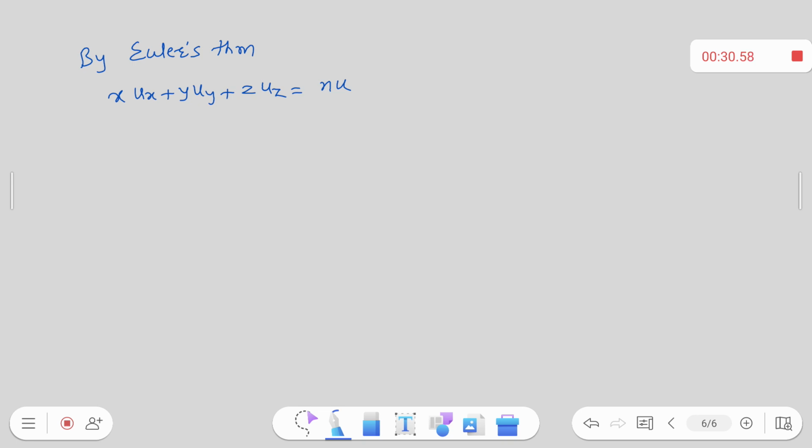This is statement number 3. So put n as 5 by 2 and u as the given function, x cube plus y cube plus z cube upon root of x plus y plus z.